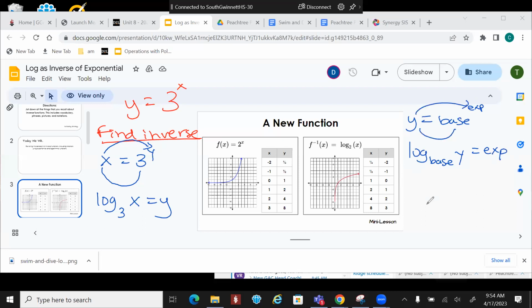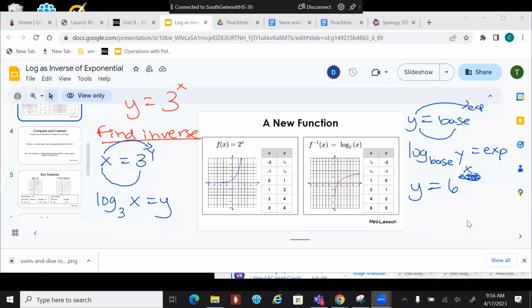Okay. I want you to try this one. Write this out in the inverse function. Let's just make it easy. Let's just make that an x. Write this as an inverse function. So what we're going to do first is switch our x and y. Okay, so we switch our x and y, and then we do the circle of life.